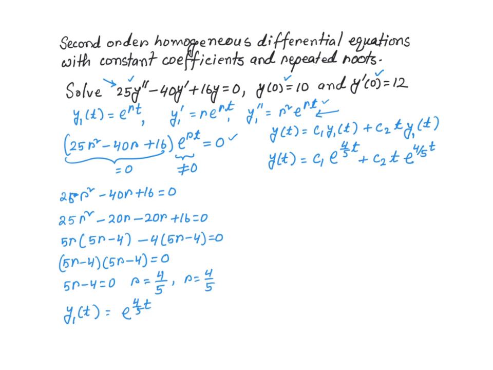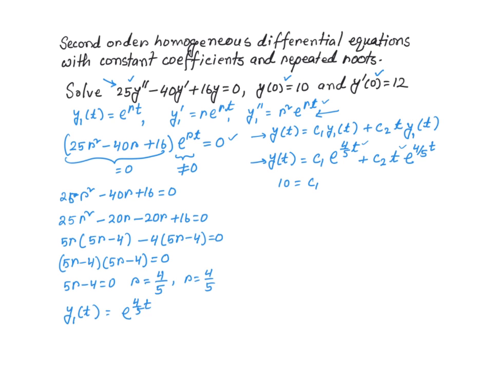Now let's go ahead and use the initial conditions. So initial condition y(0) is equal to 10. If I plug it into this one, I'm going to get 10 is equal to c1. Why is that the case? Look, t is going to be 0, so e to the power 0 is 1, and there is a t here, so that's going to vanish that term because t is 0.